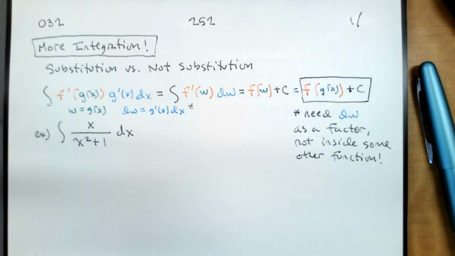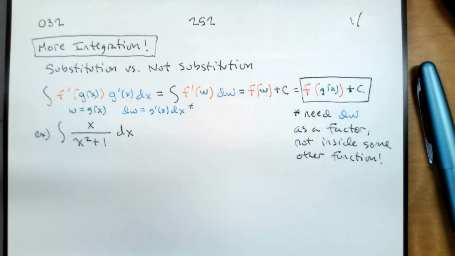Yesterday, I put up a couple of examples that I wanted you to look at. One of them was x over x squared plus 1. In this case, we can see that there's an x squared plus 1. The derivative of that is an x, and we have x as a factor.